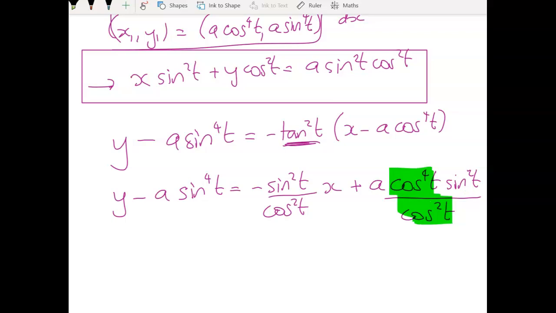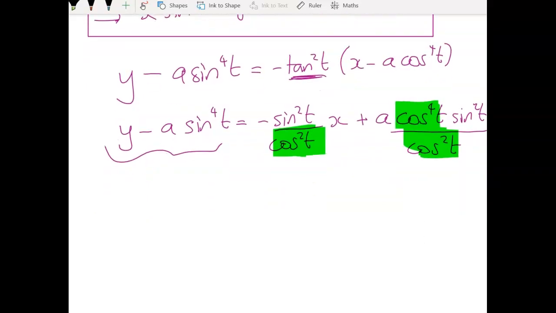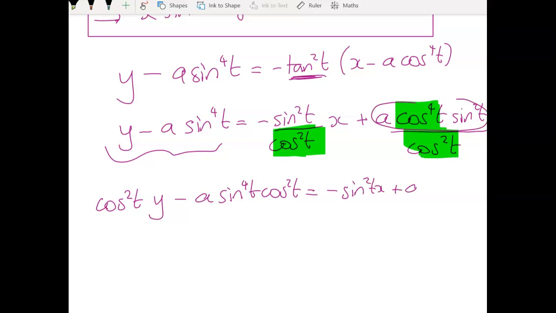But what I'm noticing is that I've got a common denominator here of cos squared t. I'm going to multiply through by that, so we're multiplying both sides by cos squared of t. That gives me cos squared of t times y minus a sine to the 4t cos squared of t equals negative sine squared t x plus a cos to the 4t sine squared of t.